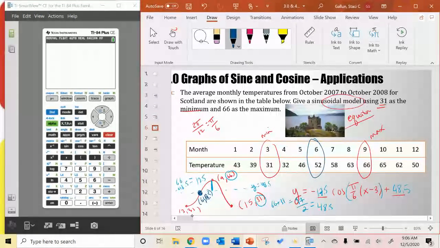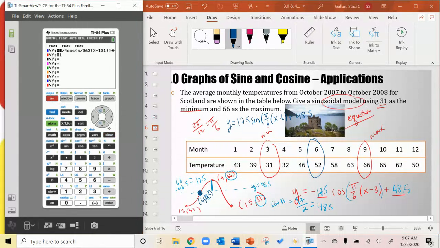So I could do it that way too, and I could have another model that is y equals, nope, it would be positive 17.5 sine of, it's still going to have a b value of pi over 6, still has a period of 12, x minus 6, but the sinusoidal axis is still 48.5.